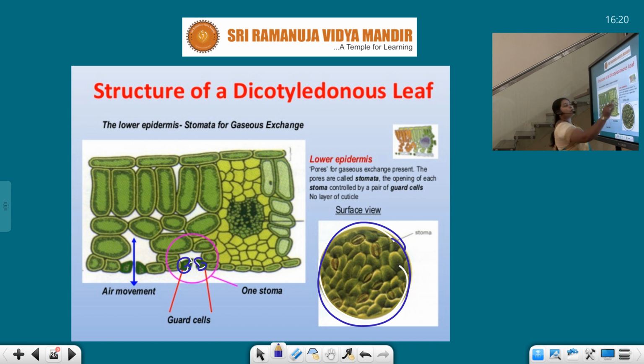Those pores are called stomata. The opening and closing of the stomata is guarded by the guard cells. These guard cells are bean shaped, or kidney shaped, you can say.